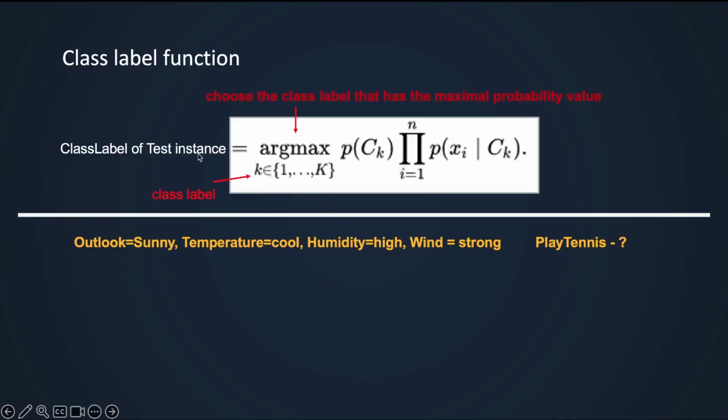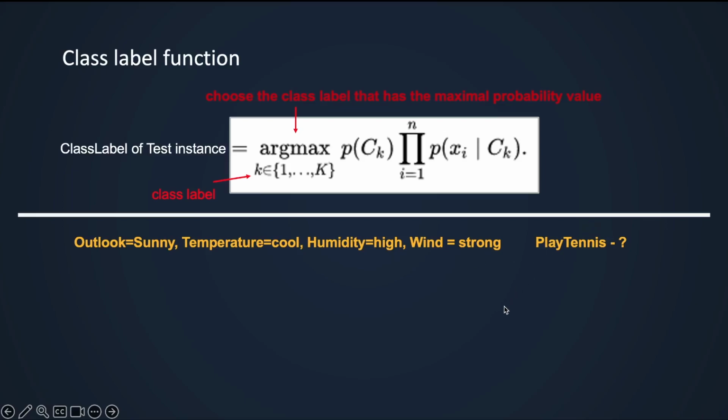So, this is our mathematical equation for the class label. Given a particular data set that we have seen in the previous slides, we are now going to predict the class label for a test instance whose outlook is sunny, temperature is cool, humidity is high, wind is strong.